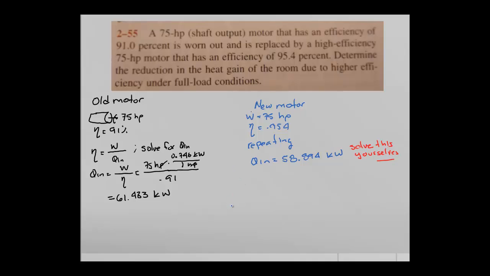So the heat reduction will be the Q that we have in the old one minus the Q that we have in the new one, because we are releasing heat anyway. So that will be the reduction.